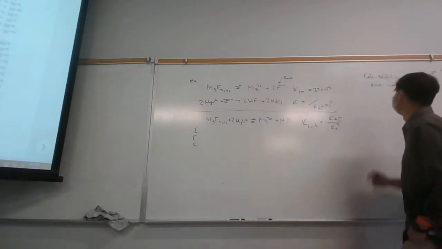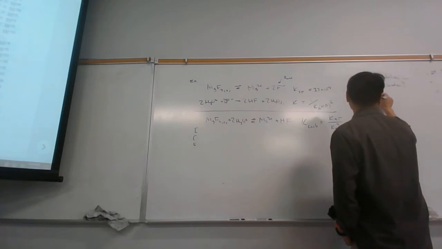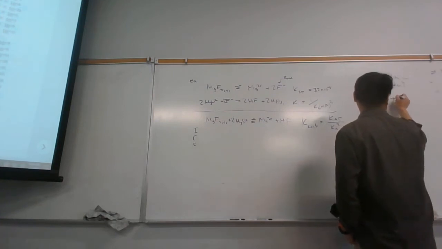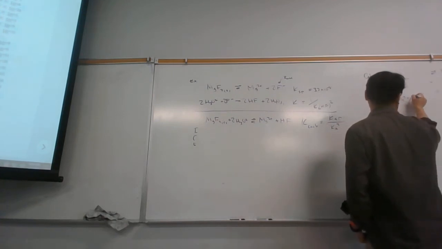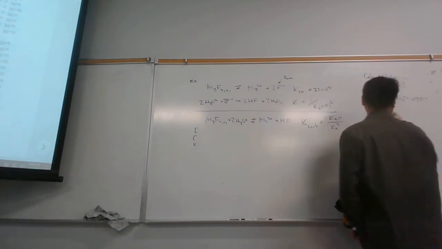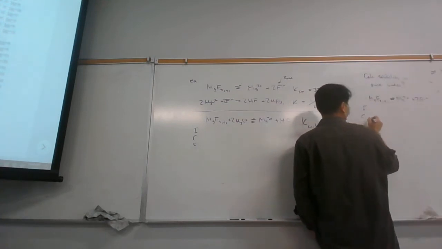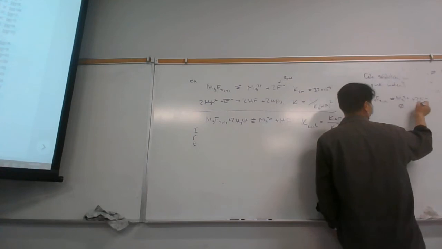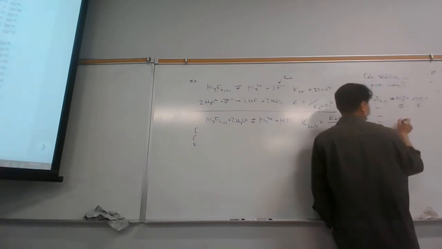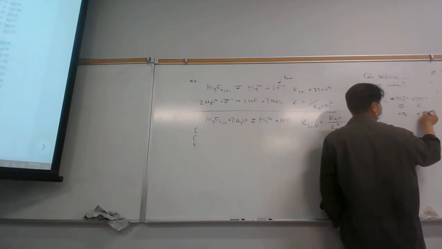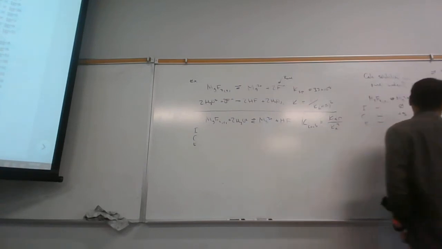The magnesium fluoride solid goes to magnesium 2+ plus 2 fluoride. We say initially nothing's dissolved, and so it's 0, 0. And then this is going to be plus S, S being the solubility, and plus 2S. So this is going to be S and then 2S here in molar.